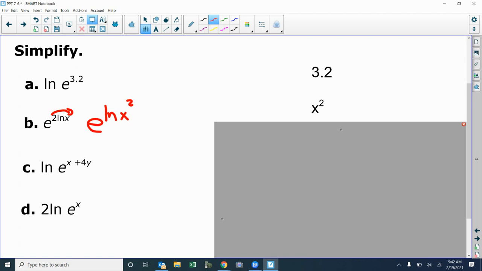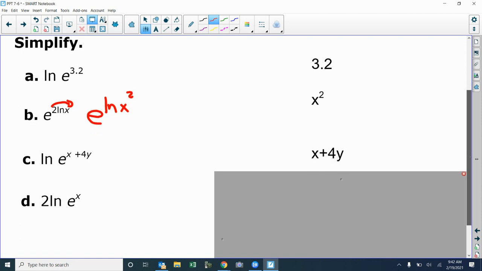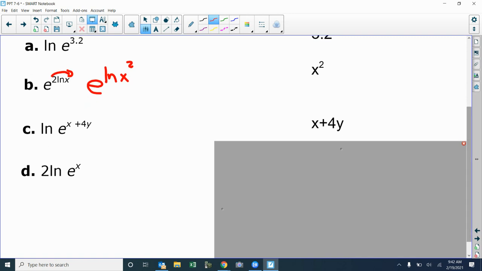Next one's pretty easy, isn't it, letter C? I can't make that one much easier. What do you think here? Real simple for that one. What's it going to be? Come on, somebody be brave. x squared.